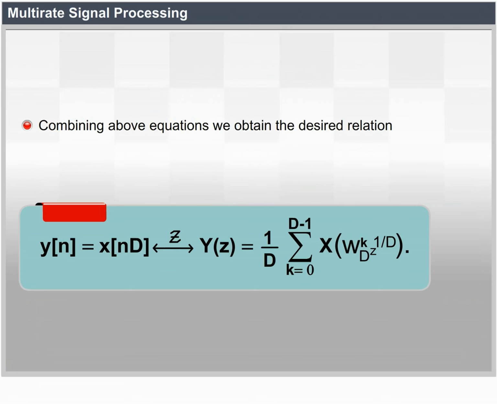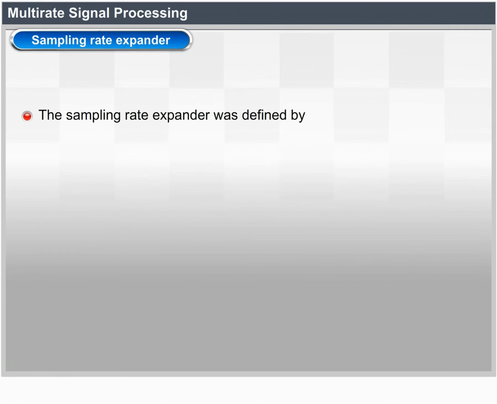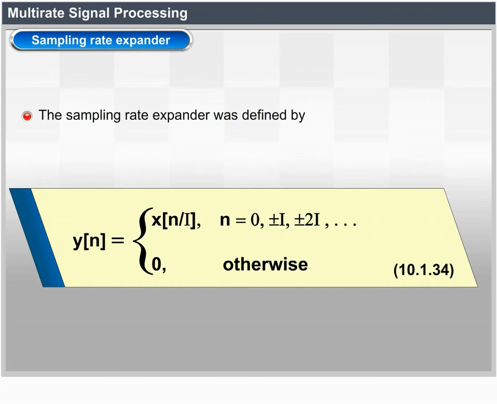Sampling rate expander. The sampling rate expander was defined by y(n) = x(n/I), where n = 0, ±I, ±2I, etc. This is equation 10.1.34.